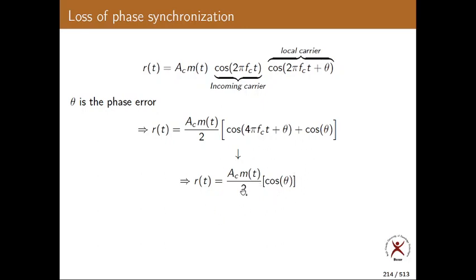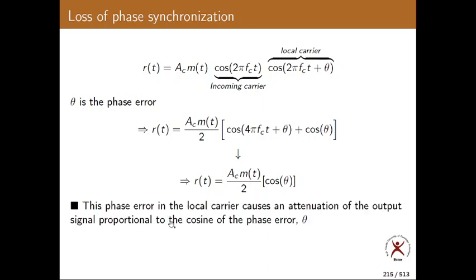So this is the output of your demodulator. Actually it should be exactly m(t), but not only m(t). The extra term is cos θ. So this is a phase error in the local carrier. It causes attenuation of the output signal proportional to the cosine of the phase error. Because of this term we get some attenuation. Why attenuation?